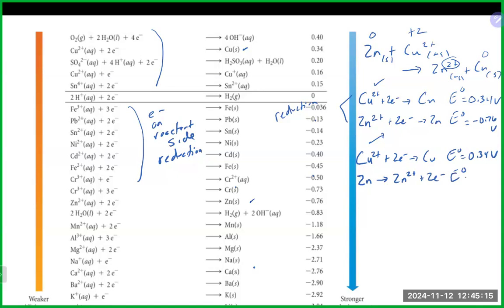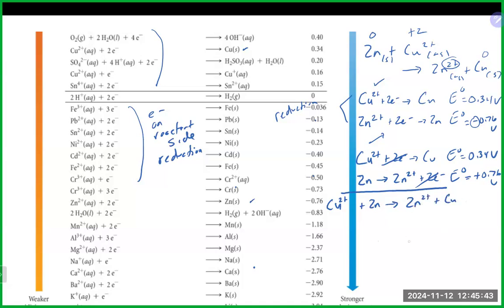When I do that, technically speaking, the reaction I just wrote, which is the oxidation reaction, should have an E value of positive 0.76 volts. I would change the sign. So if I added these together, the electrons would cancel, and it would give me my overall reaction of copper 2+ plus zinc goes to zinc 2+ plus copper.